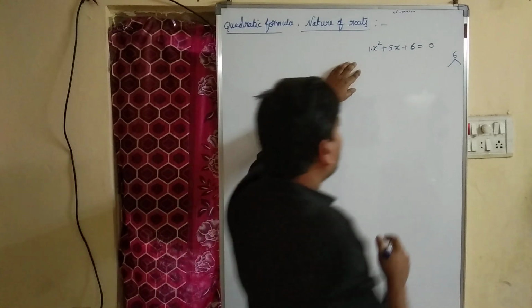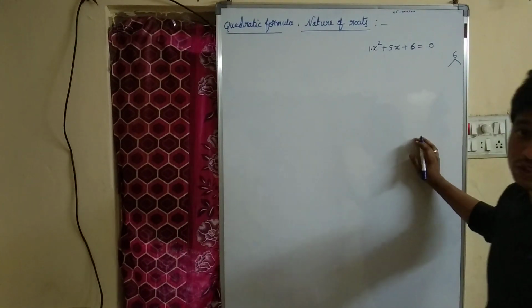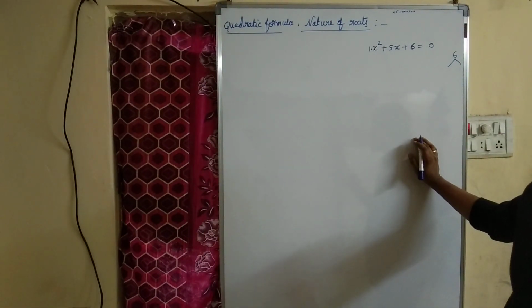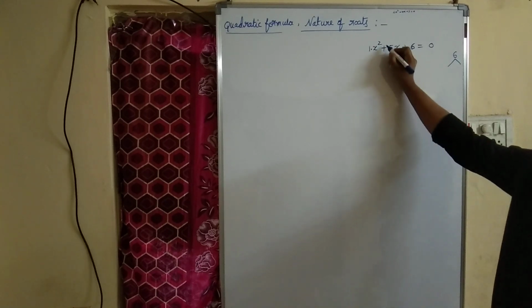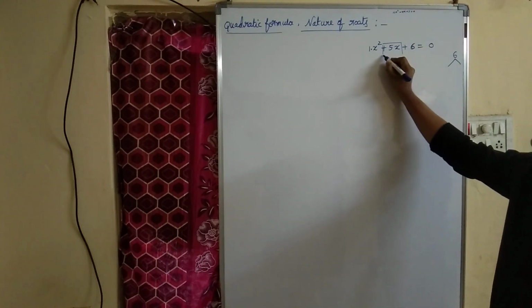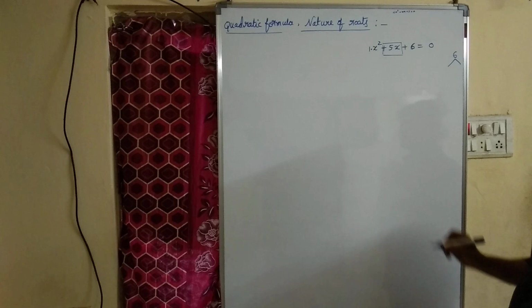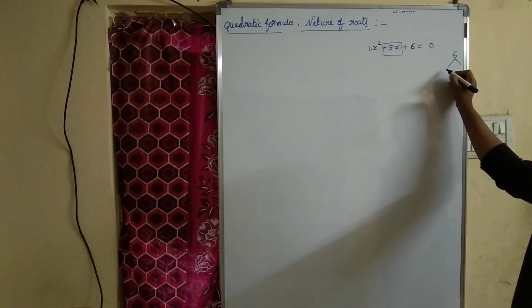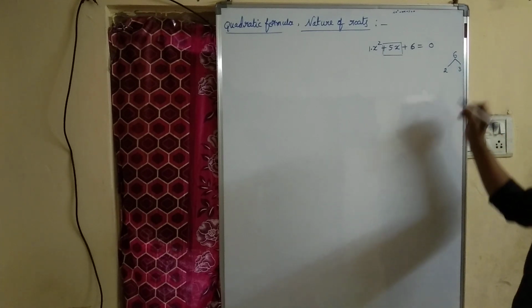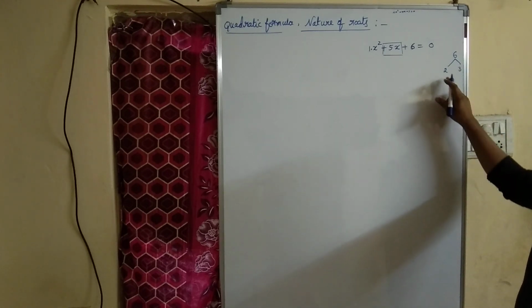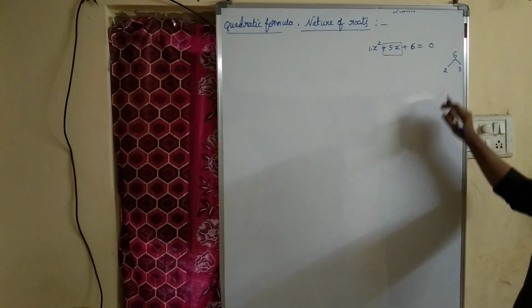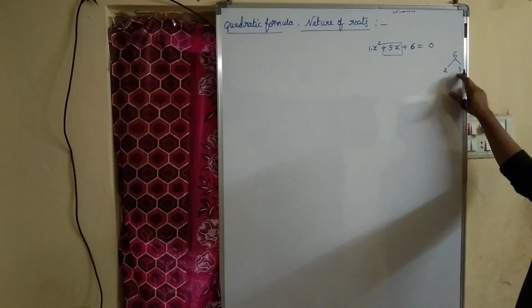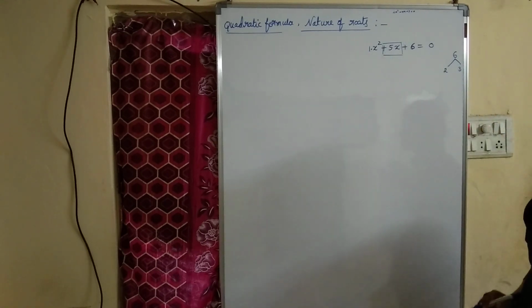Now we will see the possible factors of 6, and we need to remember the middle term. As the middle term is 5x and the possible factors of 6 are 2 and 3, if you multiply 2 and 3, you will get 6. At the same time, if you add 2 to 3, you will get 5.